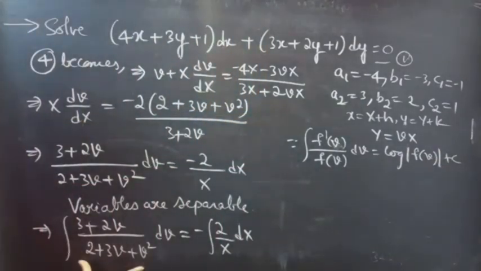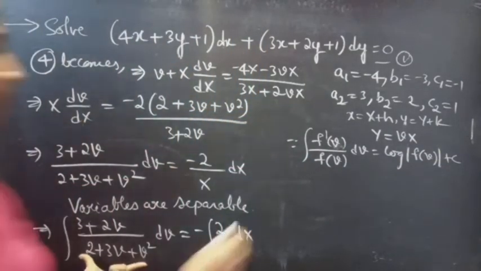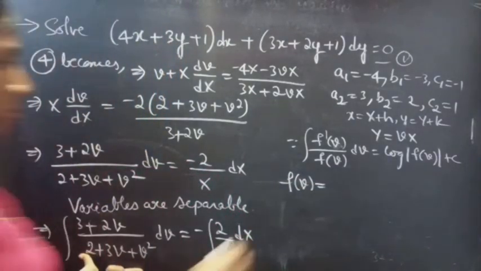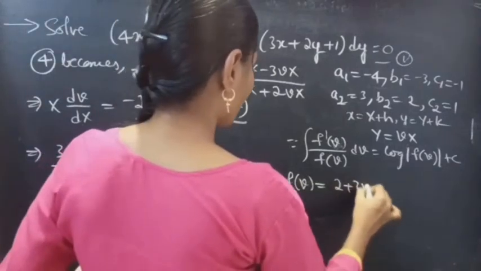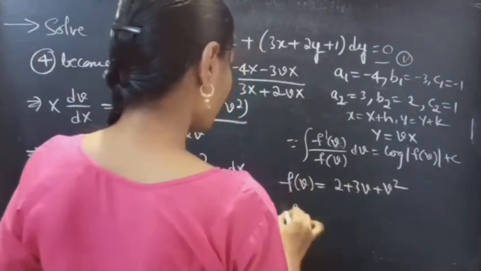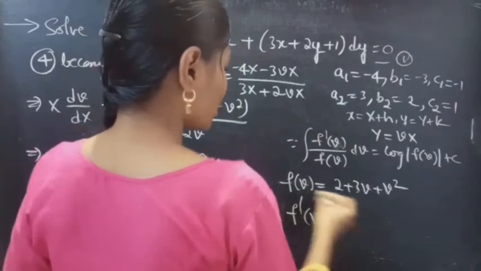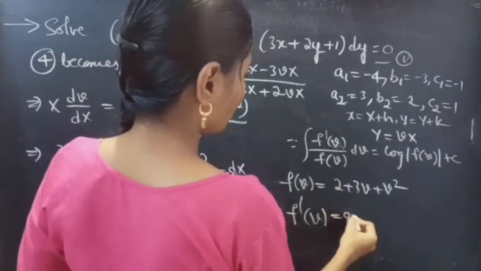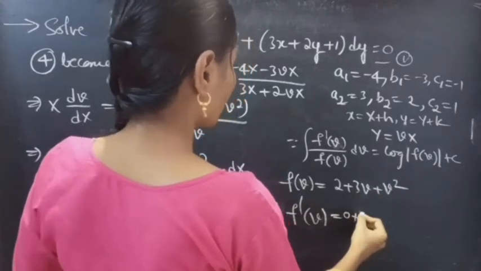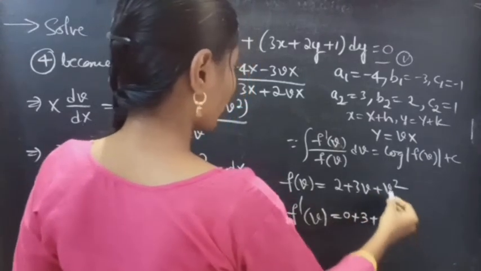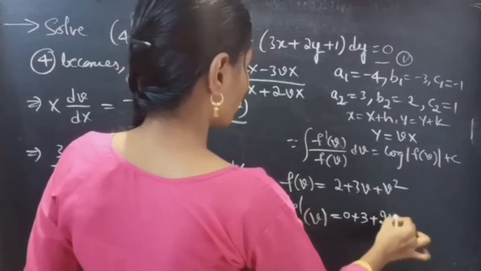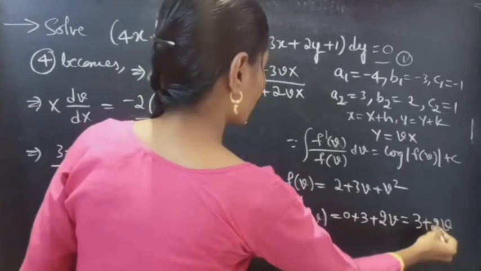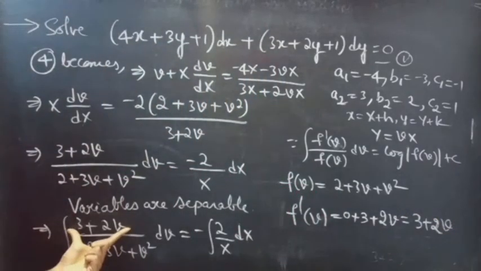Let f of v equals 2 plus 3v plus v square. Then what will be f dash of v? Derivative of constant with respect to v is 0, plus derivative of 3v is 3, plus derivative of v square is 2v, which equals 3 plus 2v for the numerator, right?